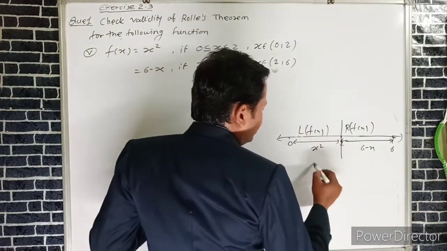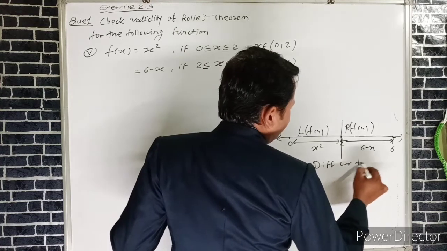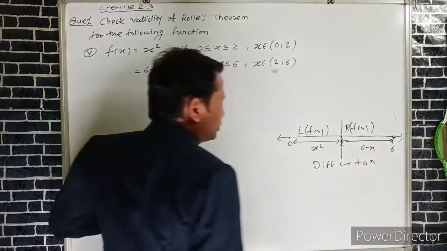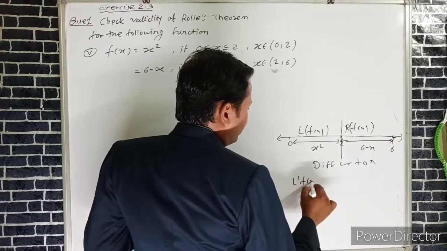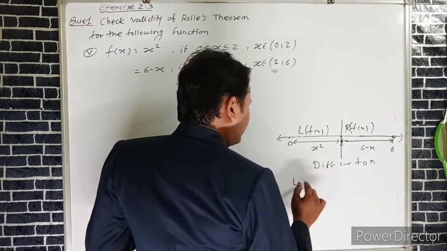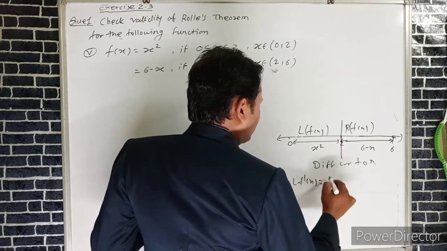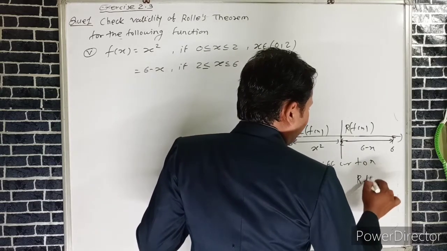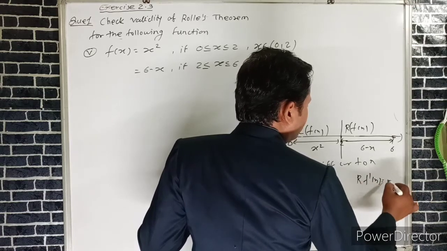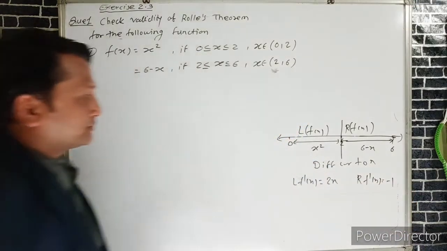If we differentiate both the left hand function and the right hand function with respect to x, then the left hand f dash of x is equal to 2x, and the right hand f dash of x is equal to 6 minus x, which is minus 1.